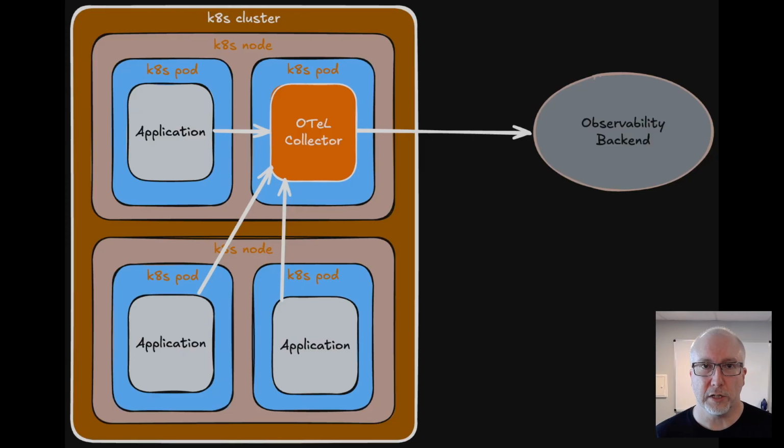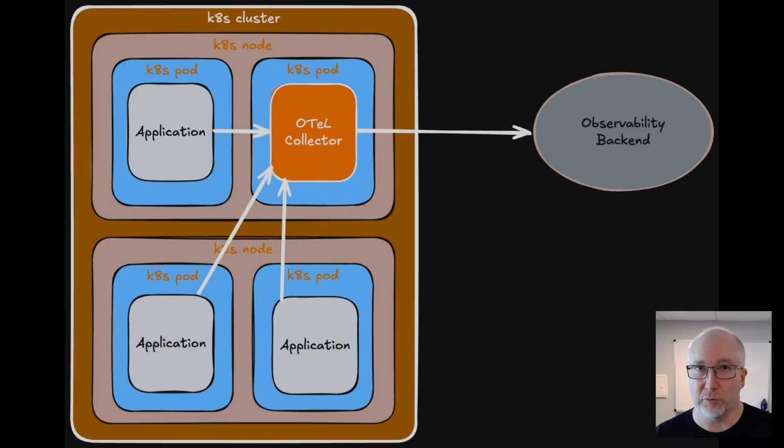So in a previous session, I walked through what this single deployment mode of the collector could look like. This is an example here where all the applications are sending their telemetry to that single collector. In essence, we have a single deployment of OpenTelemetry.